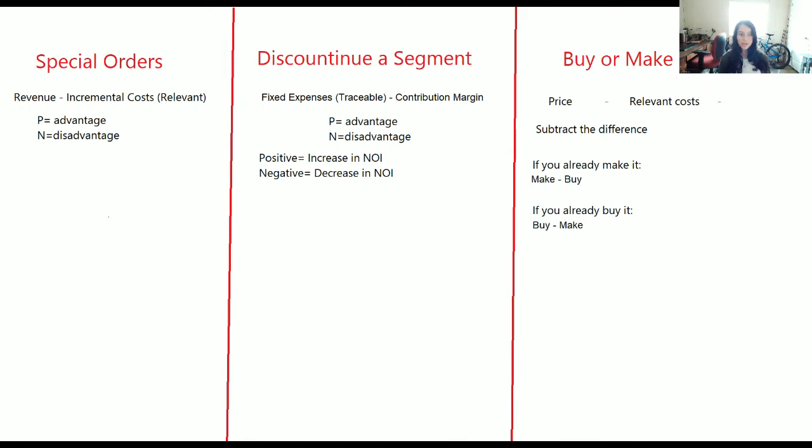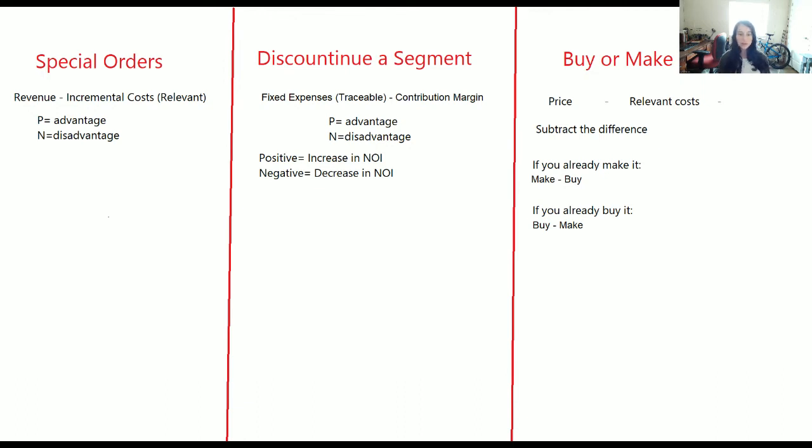And the second thing that these three decisions have in common is that the positive number is always an advantage, the negative is a disadvantage. And when they ask what is the advantage or disadvantage of doing this, they mean what is the difference between two things. So the difference of a special order is the revenue versus the relevant cost.